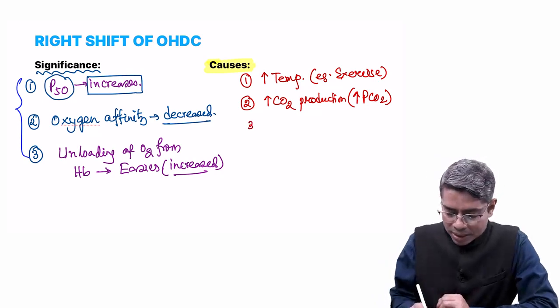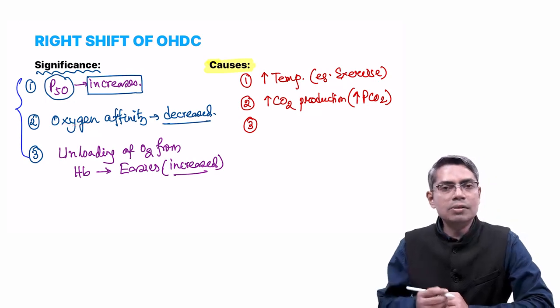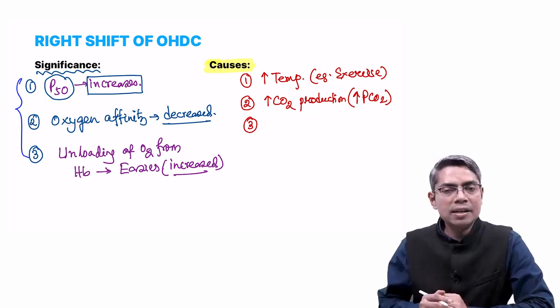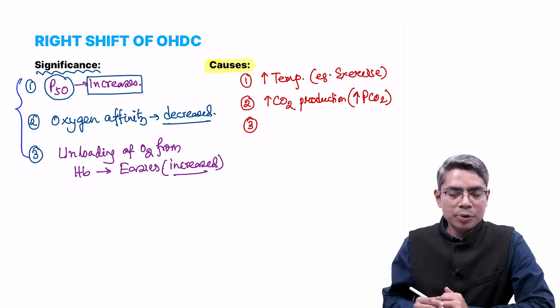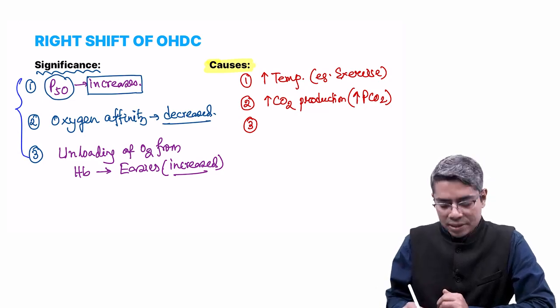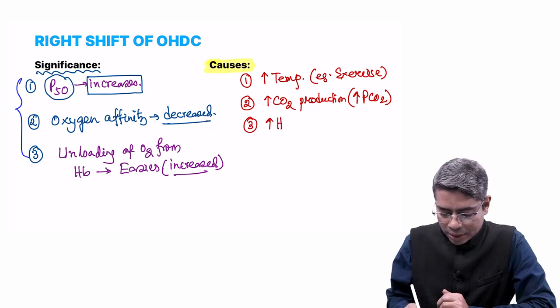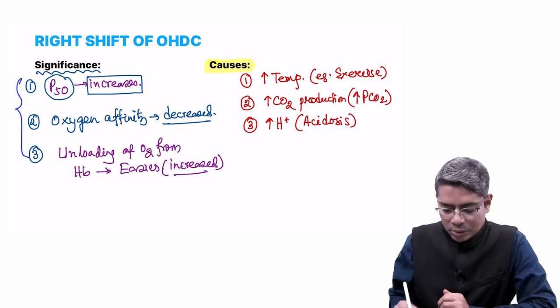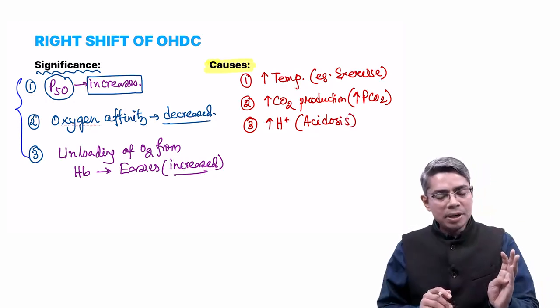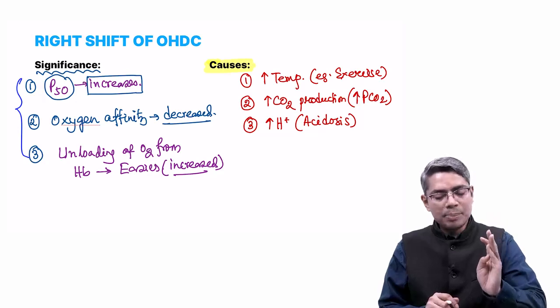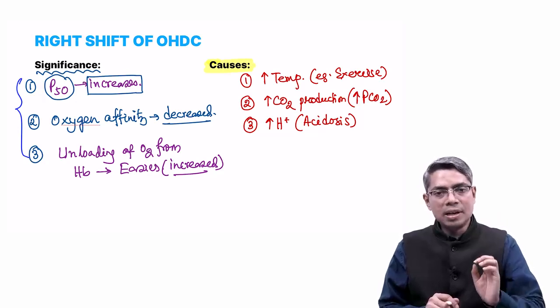Now, if there is increased carbon dioxide production, the carbon dioxide will react with water due to carbonic anhydrase enzyme, and more H plus ion will be produced. More H plus ion means there will be acidosis. So increased H plus ion or acidosis is also a cause of right shifting of the curve. So: increased temperature, increased carbon dioxide or hypercapnia, and increased H plus ion or acidosis.